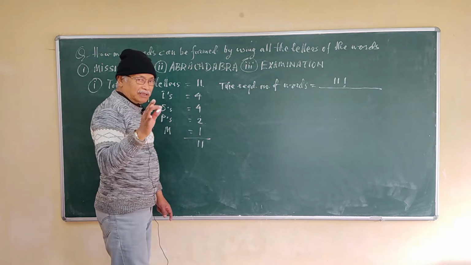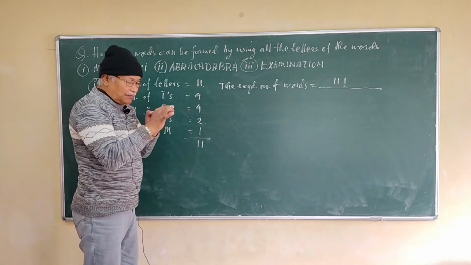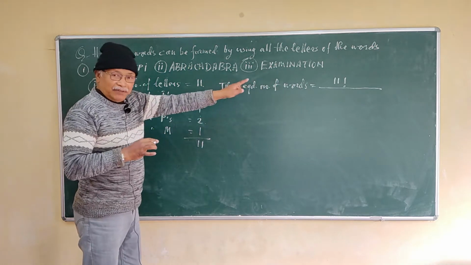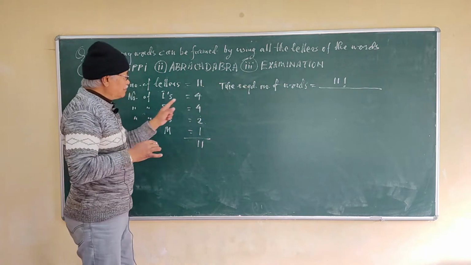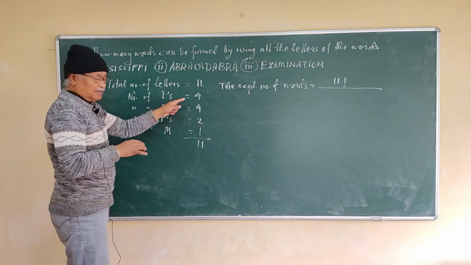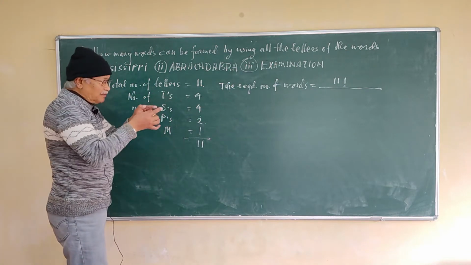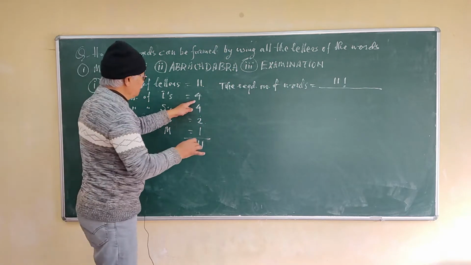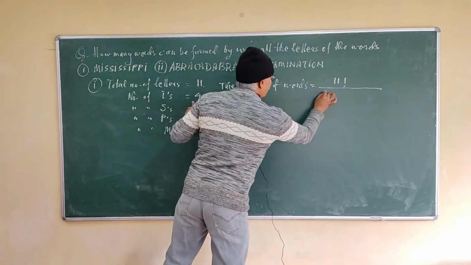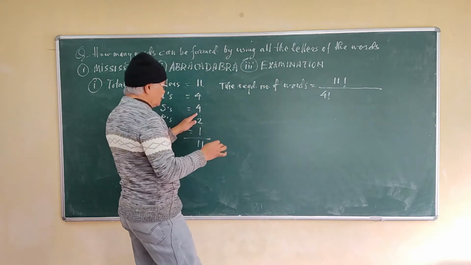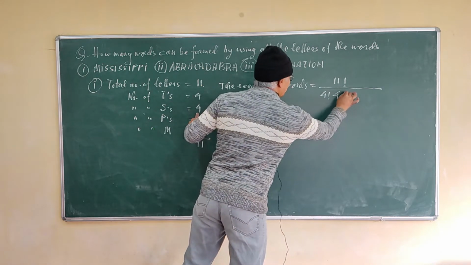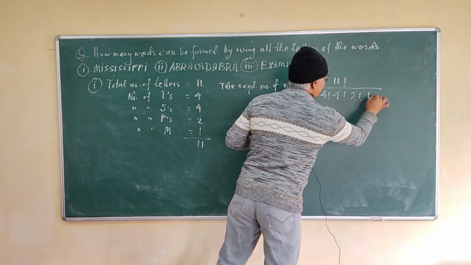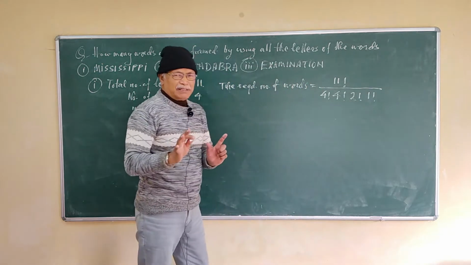As you know that if the letters of the word were different, then the answer would have been 11 factorial. But because of the repetitions of the letters, the number of words will be diminished. It will be reduced by what? I's are 4, so 4 factorial, multiplied by another 4 factorial, multiplied by 2 factorial, and then multiplied by 1 factorial. As simple as that.